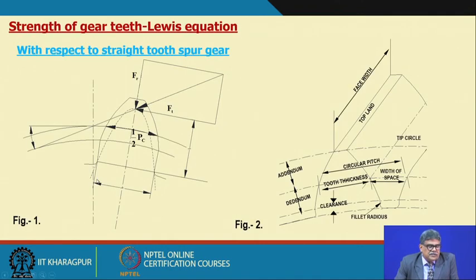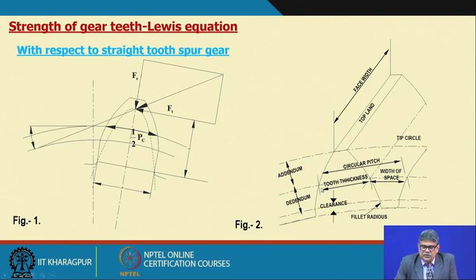Now, if I consider an involute tooth, while it is touching with another gear pair, the load is being transmitted through this line of action. I have shown the different gear proportions, and at this stage we are considering the standard gear.